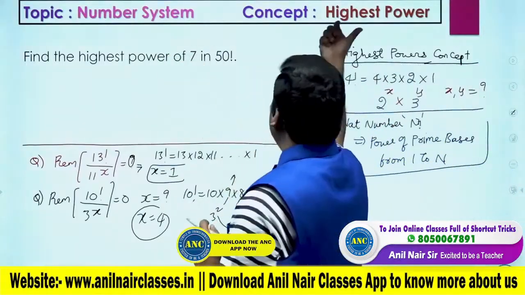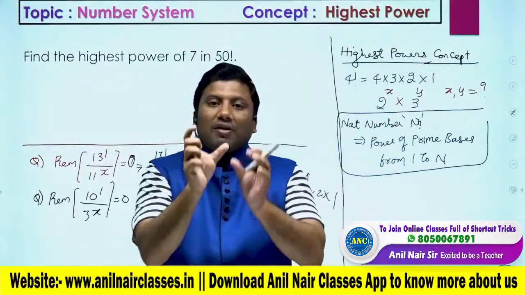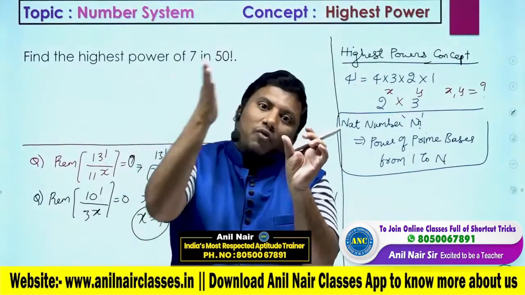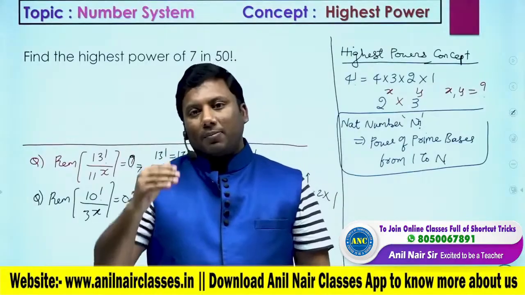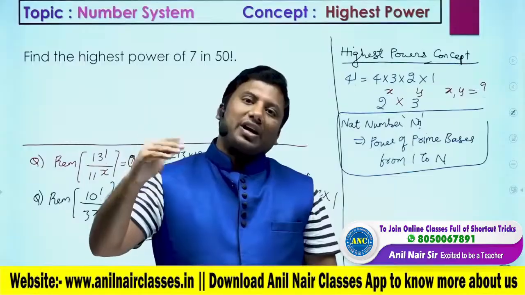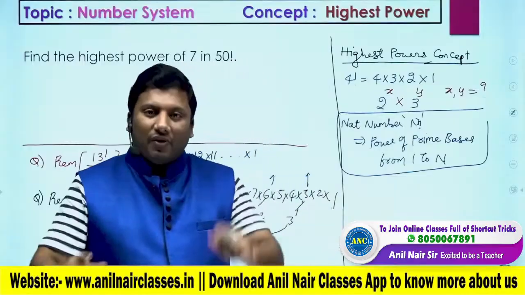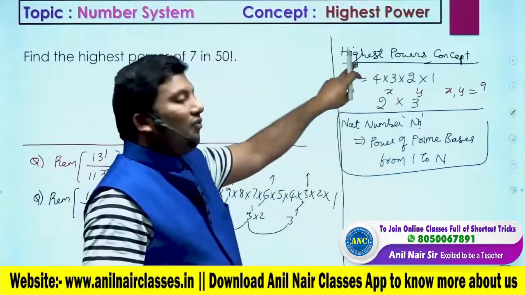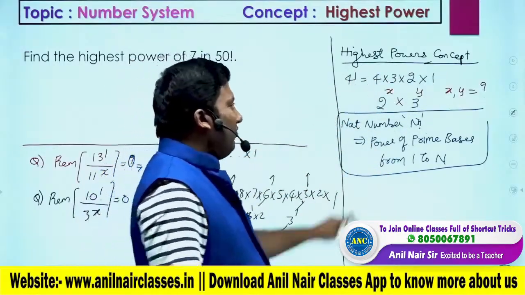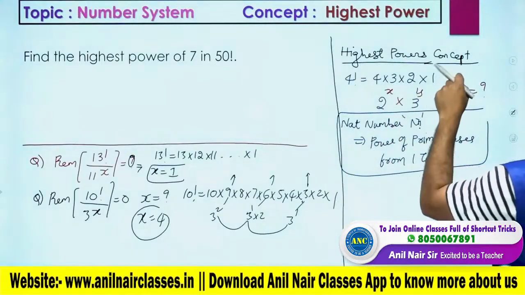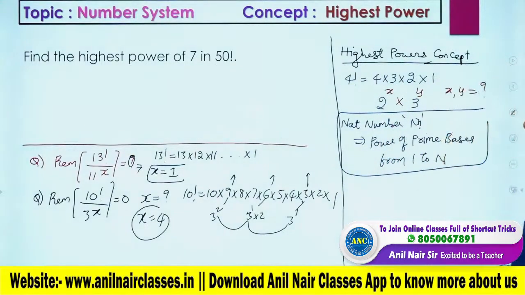When I say the heading as highest powers, if there is a 20 factorial, from 1 to 20, what are all the prime numbers? 2 power, 3 power, 5 power, 7 power, 11 power, 13 power, 17 power, 19 power. The highest power of that prime number is what we are determining. The value of x is what we are determining. The value of y is what we are determining.